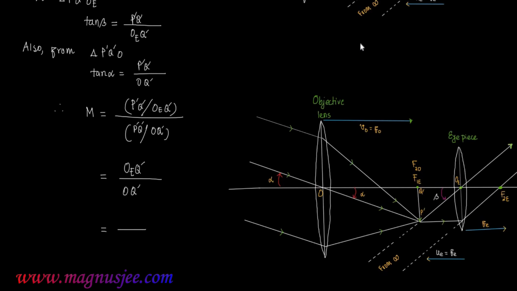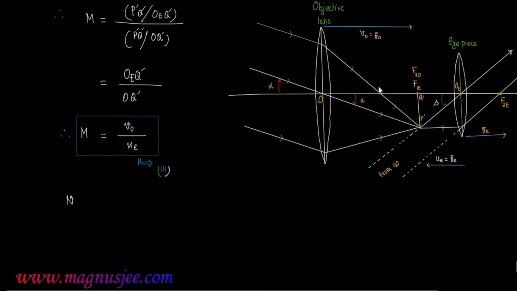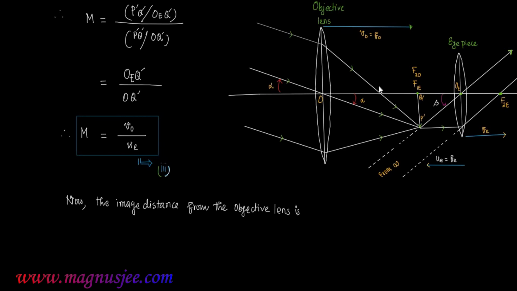Or M equals OE Q prime divided by O Q prime. Therefore, capital M equals V0 by UE, which is equation 3. Now, the image distance from the objective lens is given by V0 equal to F0 because the objective lens forms a real image P prime Q prime in its focal plane.